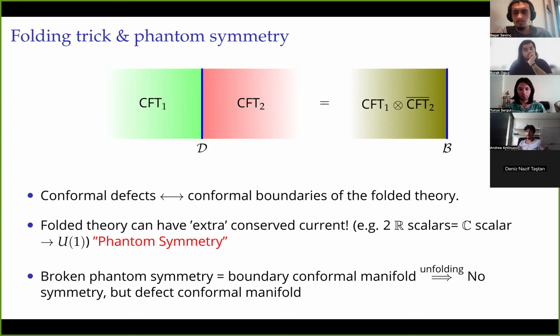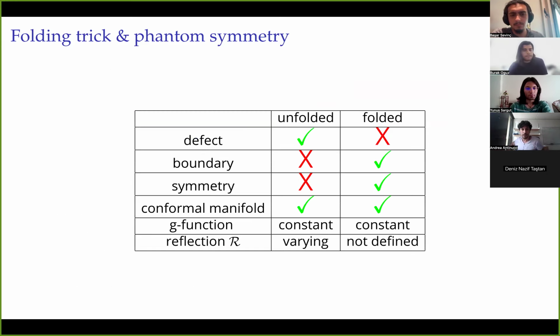So you get this conformal manifold of boundary conditions, and upon unfolding there is no longer the symmetry, because I come back to the original description. But using the principle that conformal defects are the same as conformal boundaries in the folded theory, I get a conformal manifold of defects from the conformal manifold of boundaries. Okay? Here I drew a little table to help you with all the concepts I explained in the last slide.